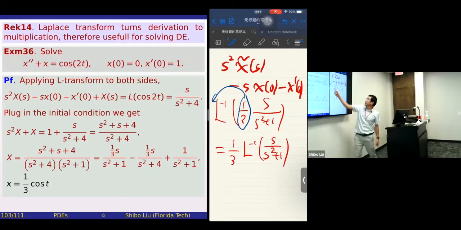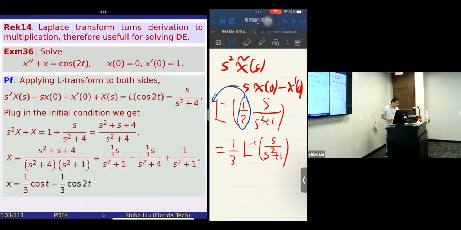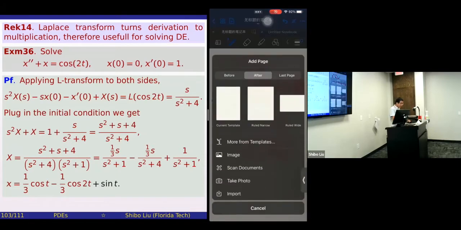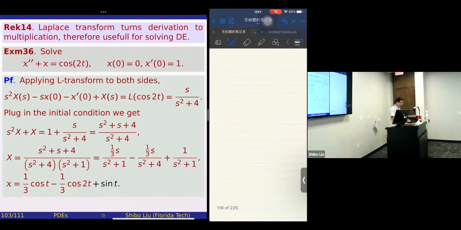Therefore, you can move this coefficient outside of the inverse transform. Then just take the inverse Laplace transform of this function. Checking the table, you know that it is cosine t. Similarly, for the other two terms, the second term is a third of cosine 2t, and the third term is sine t. So this is the solution of our second order ODE initial value problem. Okay, that is how the Laplace transform works for ODEs.